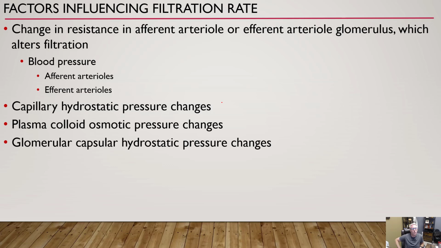All right, so how do we change filtration rate? So we have blood pressure changes. We can change the diameter of our afferent arterioles. We can change the diameter of our efferent arterioles.